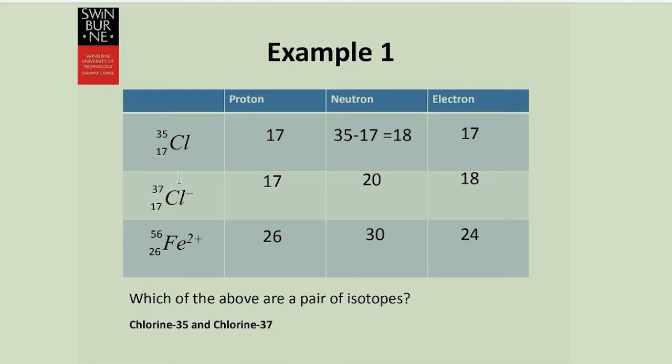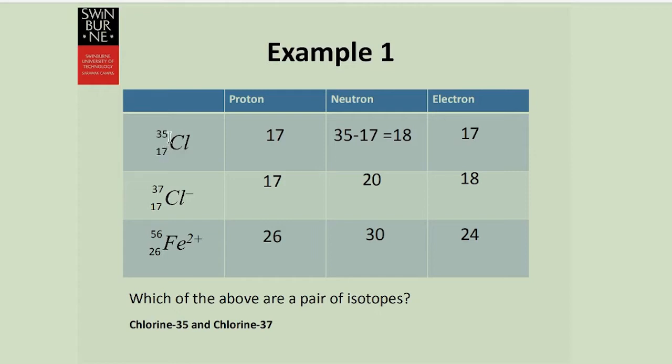So what is going on here? Of course the proton number is 17, and we know that the sum of the number of protons and neutrons is the mass number.